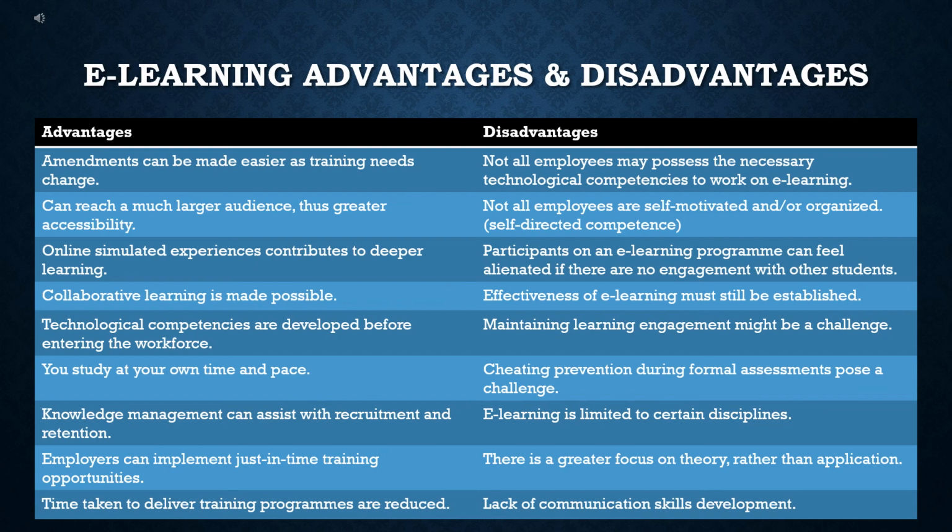Employers can implement just-in-time training opportunities, and that means if a skill or knowledge is needed, they can implement a program very quickly, depending on whether the system is ready with the necessary information. An example would be a company called KnowBefore.